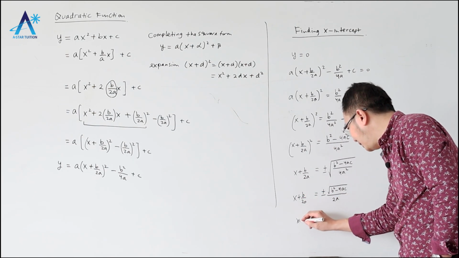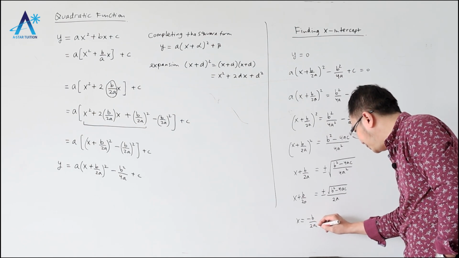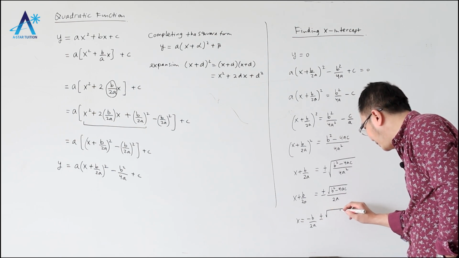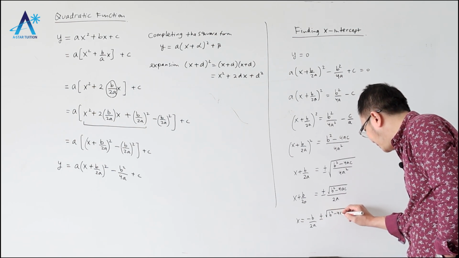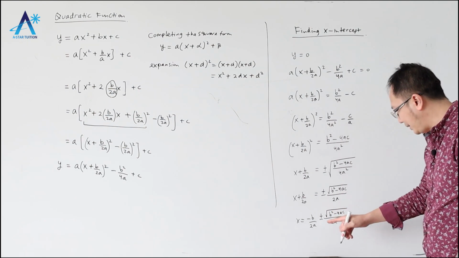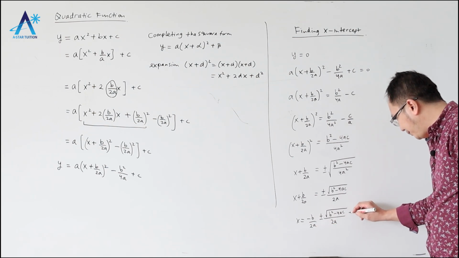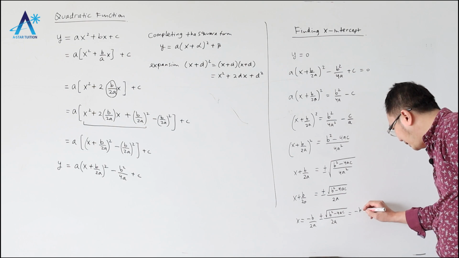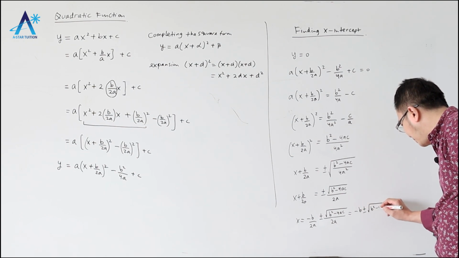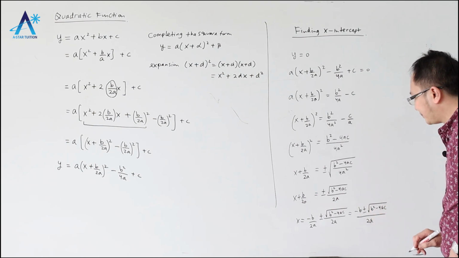And finally, x is equal to negative b over 2a plus or minus the square root of b squared minus 4ac over 2a, because they both share the common denominator, so we could write it as negative b plus or minus the root of b squared minus 4ac over 2a.